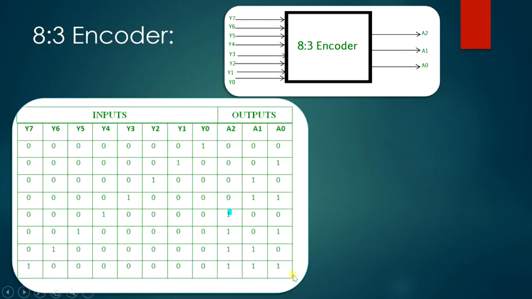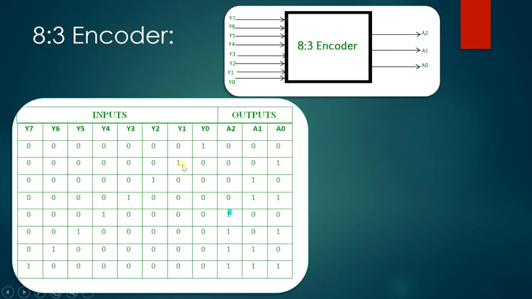One observation that you can make here is that I have represented the input in terms of 0 to 7. So the output representation in decimal will be in the form of 0 to 7. If you observe here, Y0 is equal to 1 means the decimal representation would be equivalent to 0.